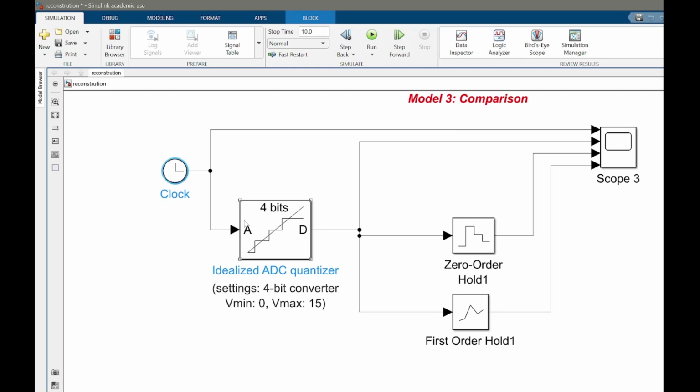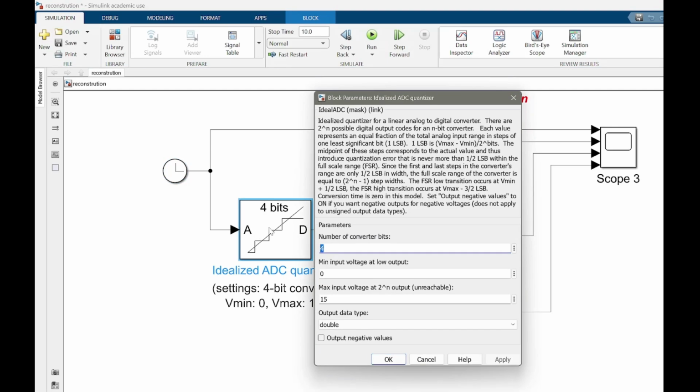Then the clock output is connected to the idealized ADC quantizer. ADC stands for analog to digital converter, right?